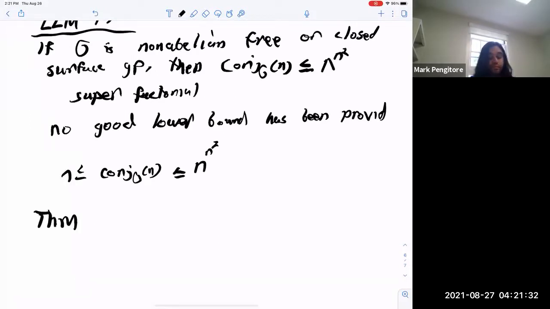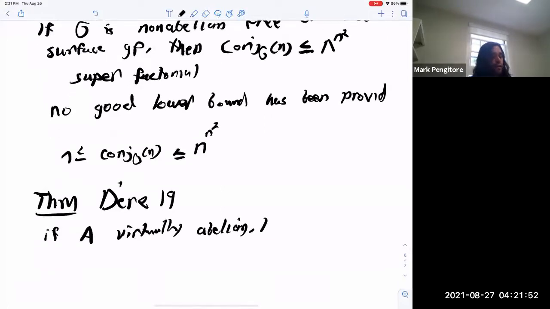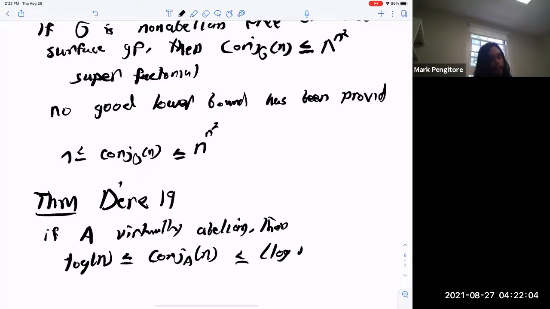And then me with Jonas Deré, in 2019, we show that if A is virtually abelian, and this isn't hard, but it's worth stating, then log n grows slower than conj of A, and this grows slower than log n to some power of d.